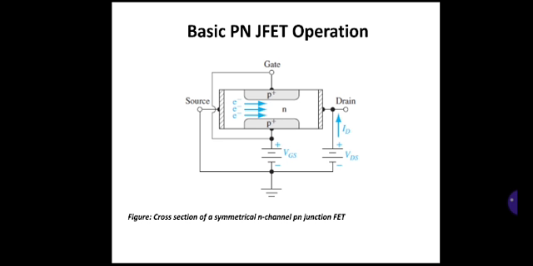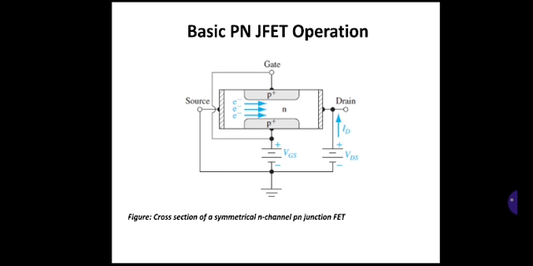The current in a JFET is through a semiconductor region which is known as the channel. So the N region that we can see in the figure in between is known as the channel. Based on the channel, it is classified as N channel JFET or P channel JFET.